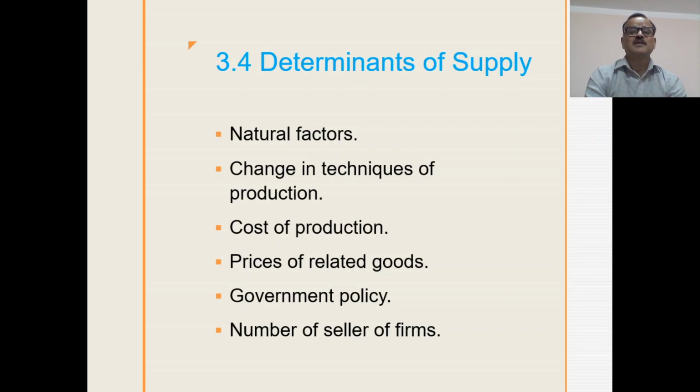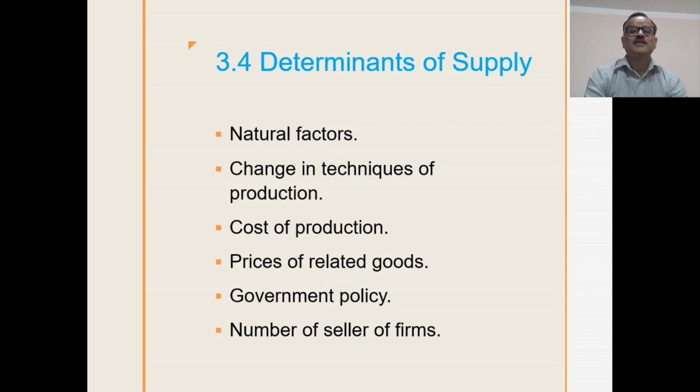In certain places, some things are available, like gold mines in Sri Lanka, petroleum in Gulf countries, and coal in India. In this way, supply depends upon the natural factor. And water resource is abundant in Brazil and Nepal. So the supply of water resource is easy and very cheap in Brazil and Nepal.